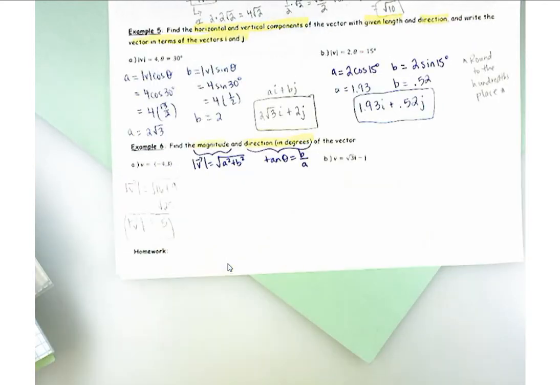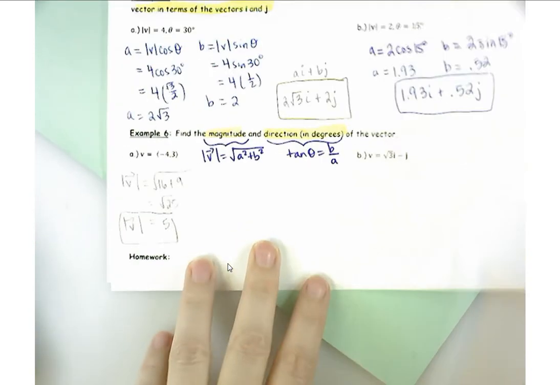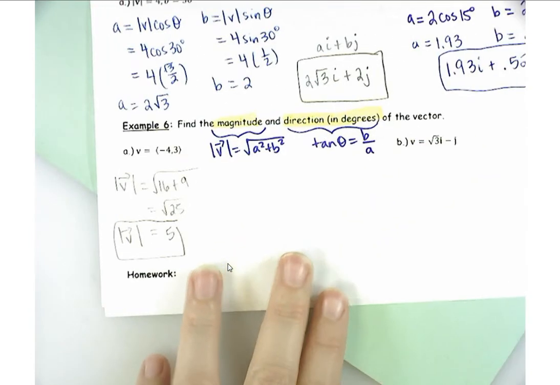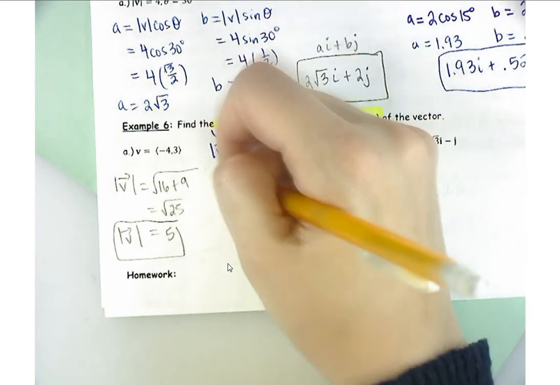Now before, I was telling you how vectors can be anywhere. Once we start dealing with directions, we are going to use your terminal side like we usually would, which means that you're going to have to pay attention to the quadrant.